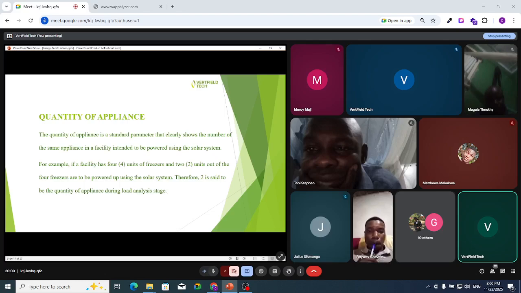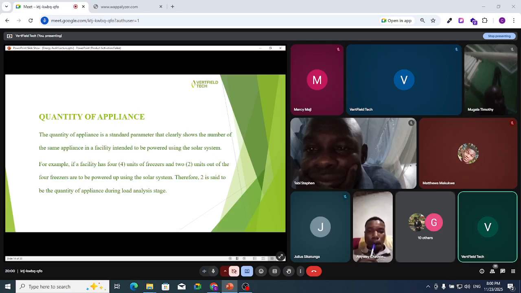Where is this rated wattage gotten? It is gotten from the nameplate of each and every appliance. The nameplate contains the name of the appliance, the model number, the serial number, the country of make, the wattage, the current, the voltage, even the frequency.